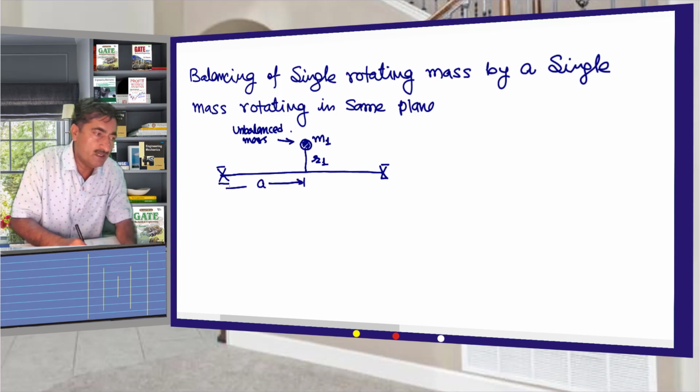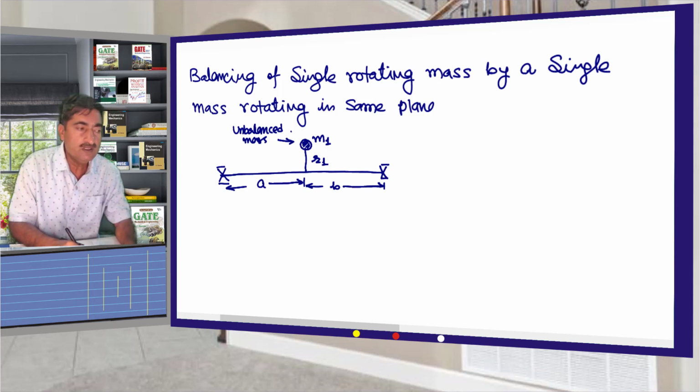This is A. This is B. Now this mass is to be balanced by a single mass on same plane.